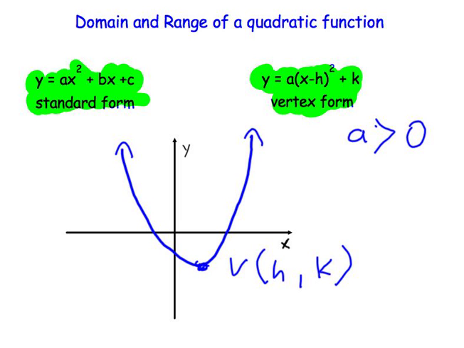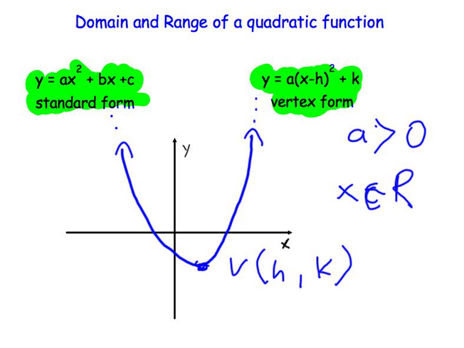As you move to the right along the x-axis, you will generate higher and higher y values. If you move to the left along the x-axis, you will generate higher and higher y values as well. That means there are no restrictions in terms of x values. So the input can be any real number. The domain for a quadratic equation will be the set of real values without any limitation. So x is an element of R.